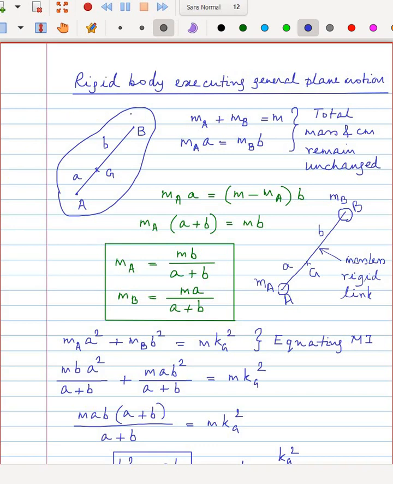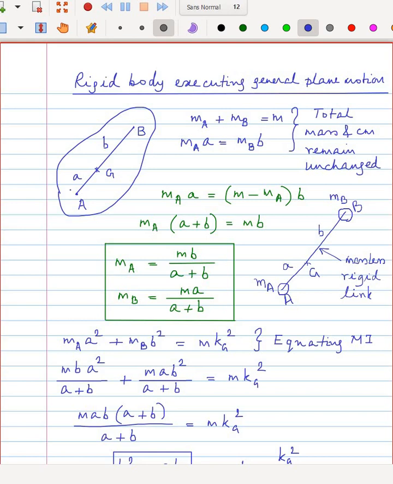So this is a rigid body, and we take a point A on the rigid body, we extend AG where G is the center of mass. Then how much should we extend such that this distance is b, and we put a mass MA here and MB here.